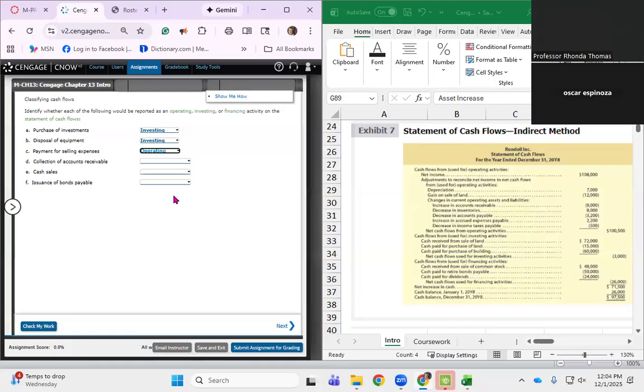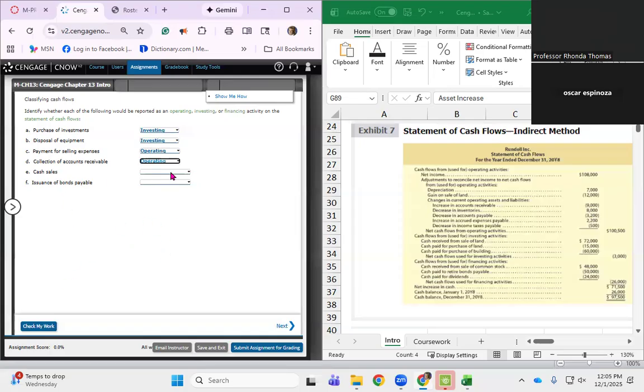Okay, D, collection. Hey, we're going to collect accounts receivable. Well, that's the operating section because that has to do with selling. Okay, so it's operating, and this one's going to be an inflow of cash. But you wouldn't really know it because it's going to get accounted for using that indirect method. Okay, so if you're going to collect accounts receivable, yes, it's part of your operations.